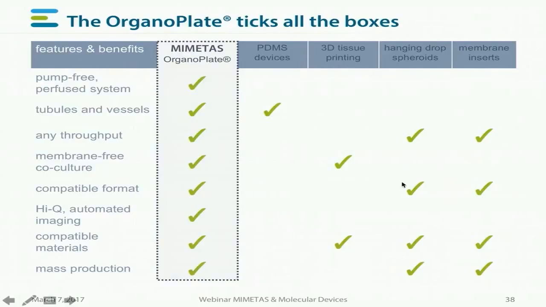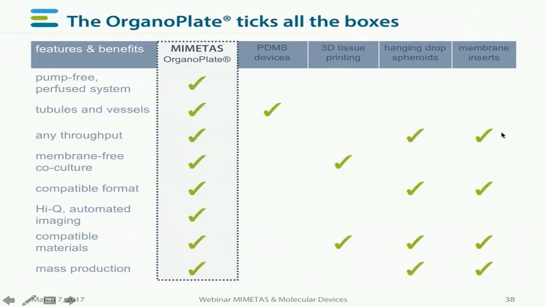Co-culture can only be a mixed co-culture, so there's no structured layered co-culture such as in the organoplate. The format is compatible. Imaging is often difficult because the tissue can be at different heights in the device, which makes it difficult to focus and to find the tissue. Materials are compatible and mass production is available.